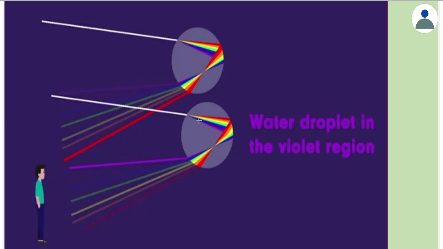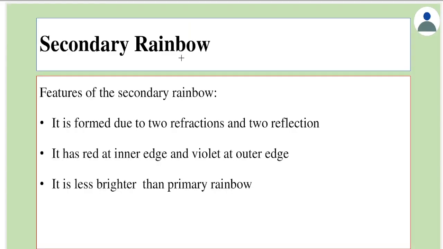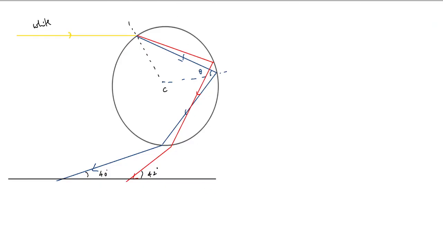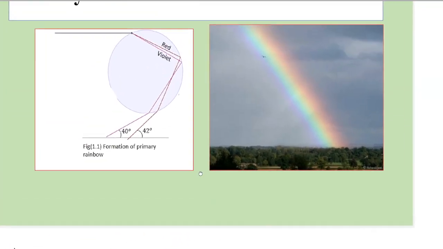If you look at a few water drops, it is seen that red color from this is falling and from here violet color is falling.